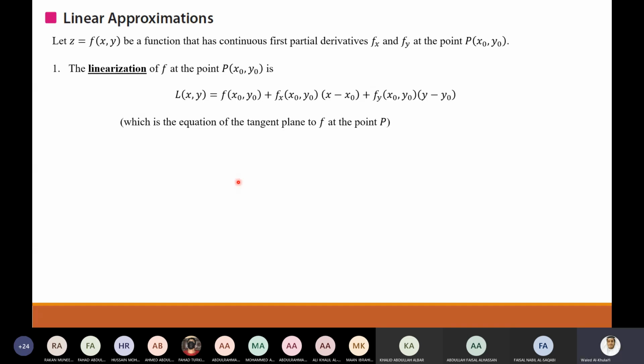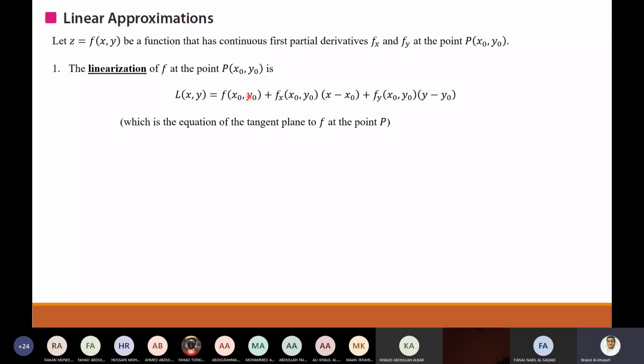Here, in the function of two variables, assume that z equals f of x and y is a function that has continuous first partial derivatives fx and fy at the point x0, y0. The linearization of f at the point x0, y0 is given this way here. If you look at the right-hand side, Shabab, this is the equation of the tangent plane.